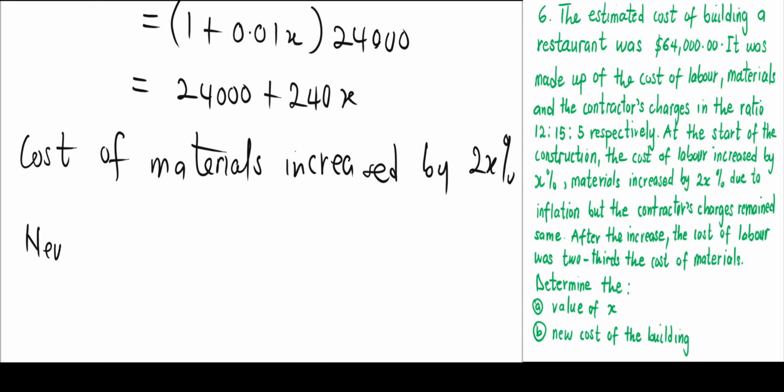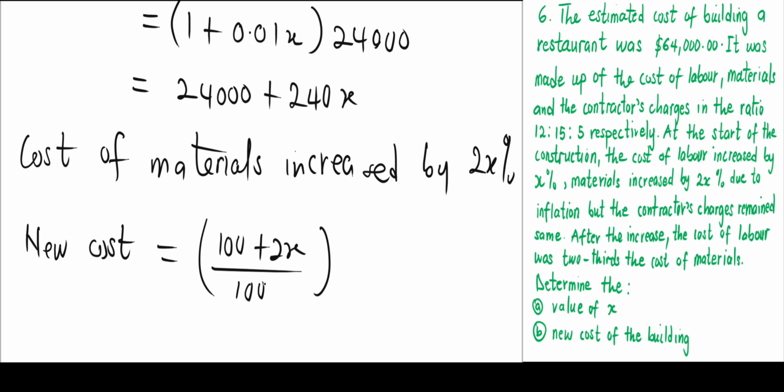So the new cost will be 100 plus 2x out of 100 of the initial cost of materials, which was 30,000. So when you multiply 100 plus 2x divided by 100 by the estimated cost of materials, you are going to get the new cost of materials after the increment.